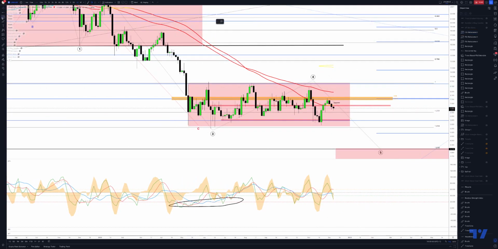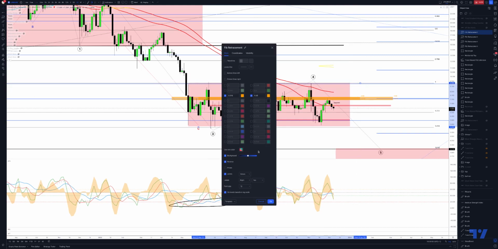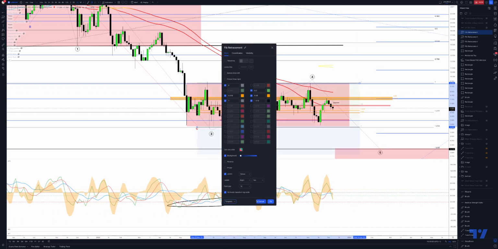Let's add another Fibonacci there. Let's just use that other template, and I can get rid of this red.